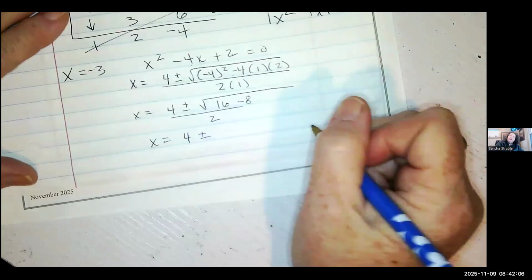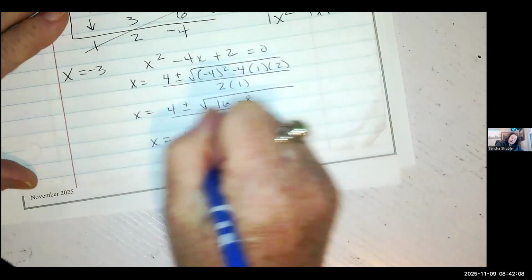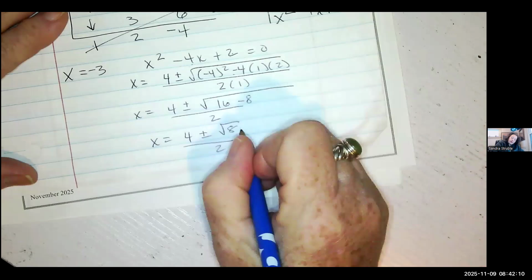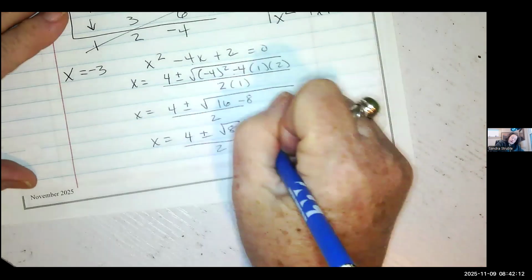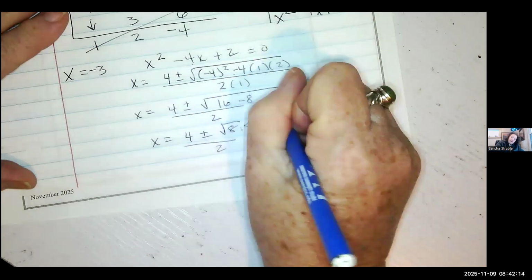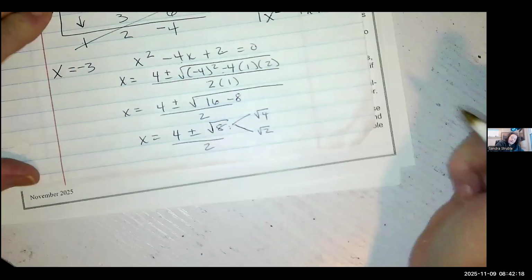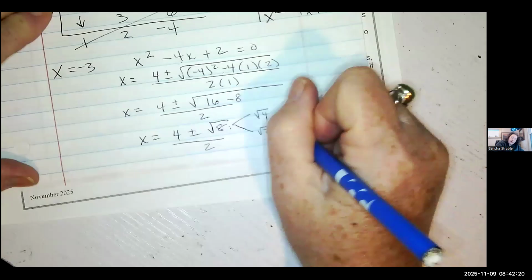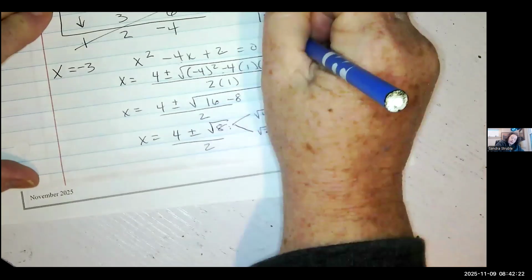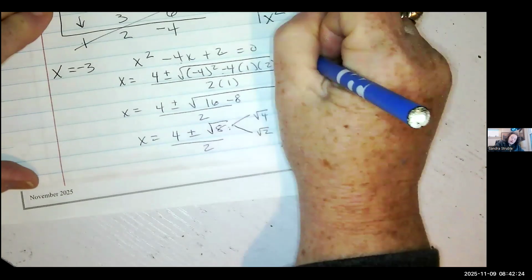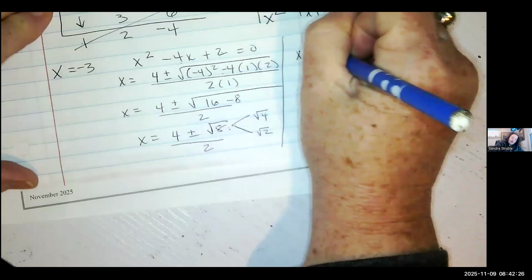Now 8 can be broken down into a perfect square, the square root of 4, and the square root of 2. So x equals 4 plus or minus the square root of 4, which is 2, square root of 2.